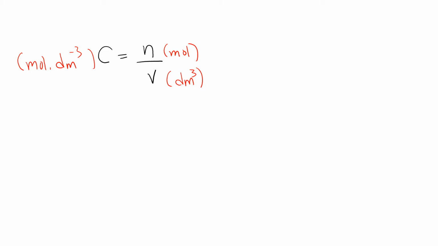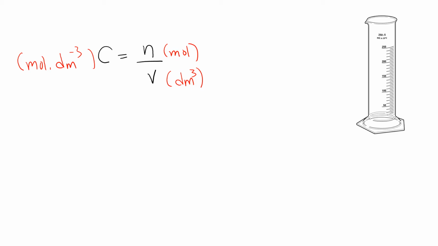In the lab, we have a graduated cylinder that is used to measure the volume, which is this one. We can see here that the unit is milliliter, which is the same as cubic centimeter.